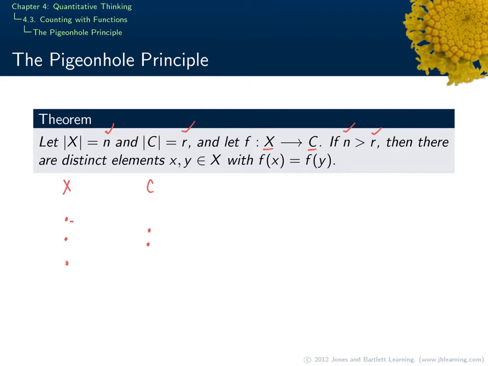So I take here, maybe this first dot goes to that dot in C under my function f, and then maybe this dot goes to that dot in C. Well, now I've used everything in C that I can possibly use, and so something is going to get repeated, right? So that first dot in C is being repeated. And so these elements x and y have the same output. That will happen whenever x is bigger than c and we have a function from x to c.